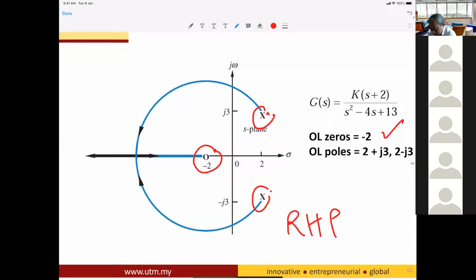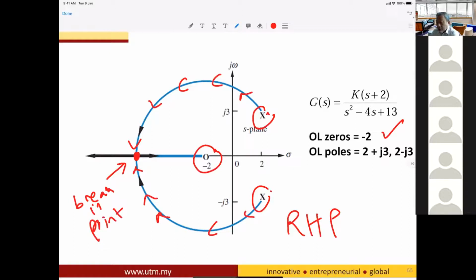As we know from the rules, the root locus paths start from poles and end at zeros or infinity. So in this case, the root locus branches meet at the break-in point, and then they leave from the break-in point.